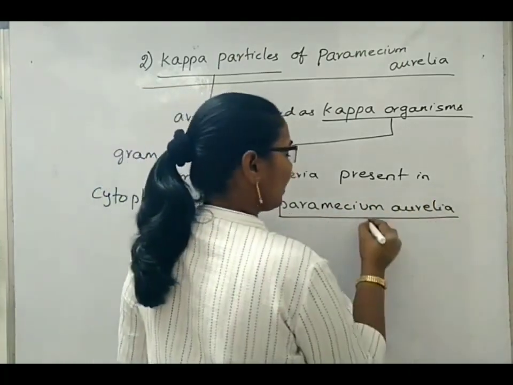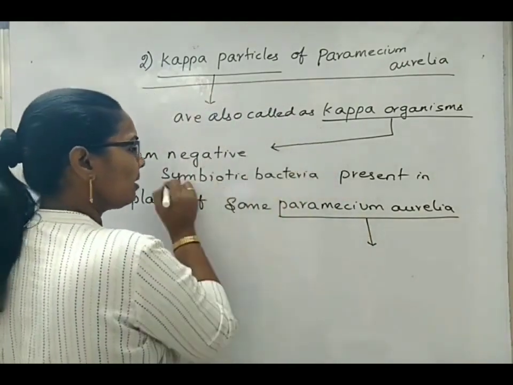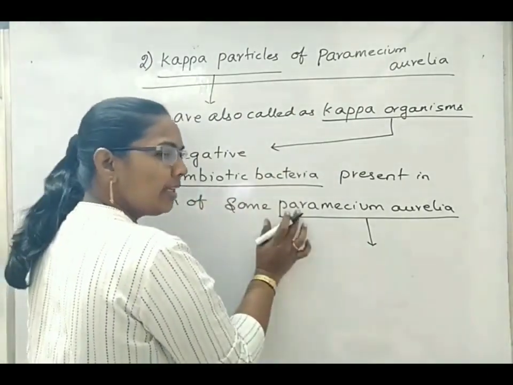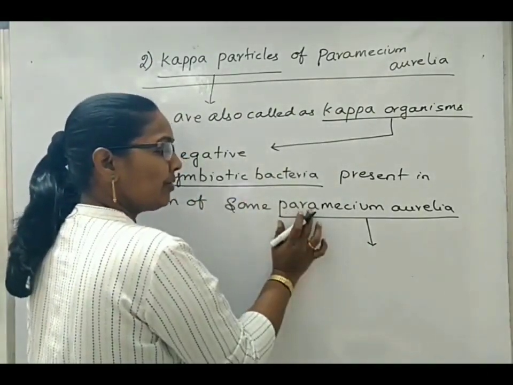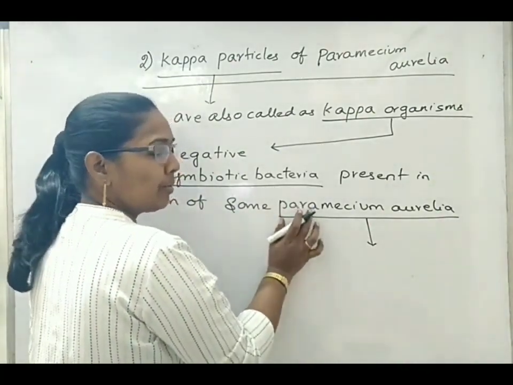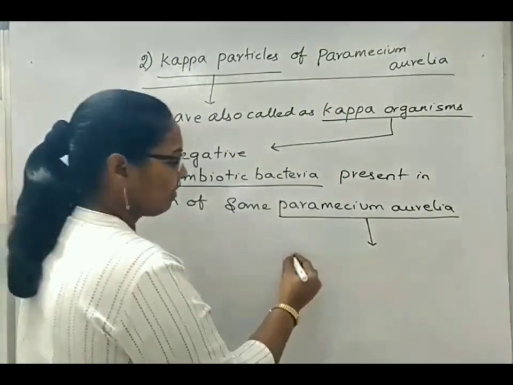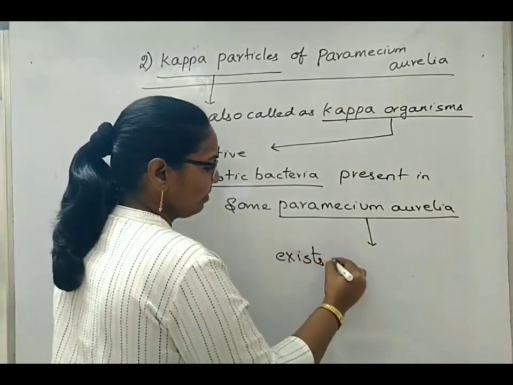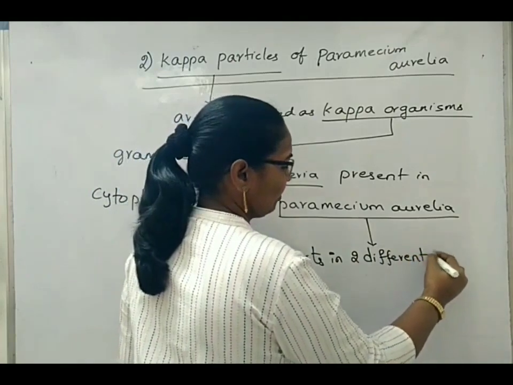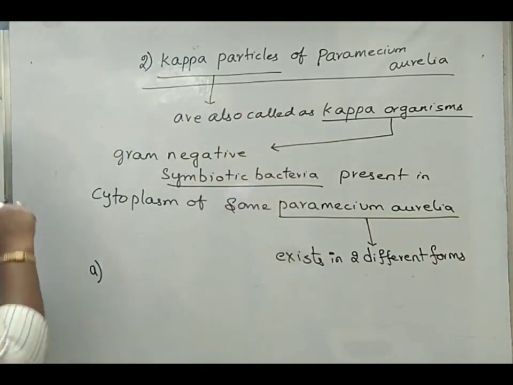Now, when such Paramecium aurelia, along with these kappa organisms, the gram-negative symbiotic bacteria, is present in their cytoplasm, and such strains are released into water or whatever medium they are residing in, they produce a special type of toxin called paramecin. They occur in two different forms. What is the first form?